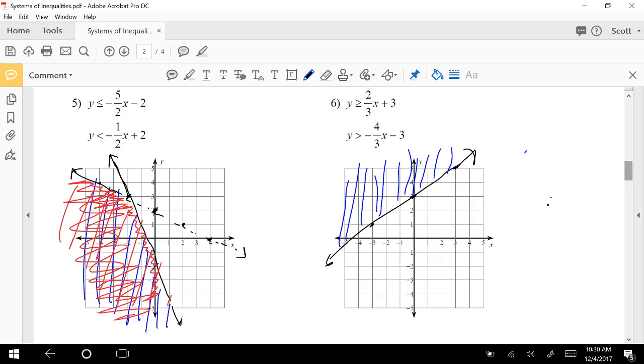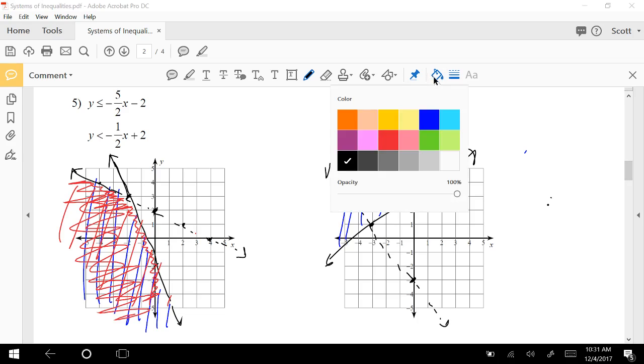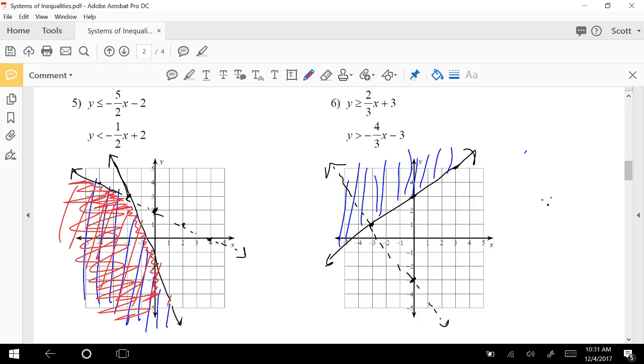Y is greater than negative 4/3 x minus 3. So minus 3. Then we go negative 4, down 4 over 3. But instead, let's go up 4, left 3. It's going to be a dashed line going through there. Cool.